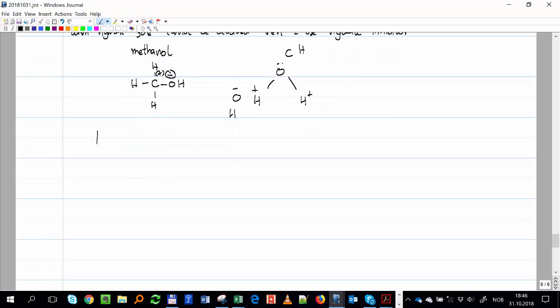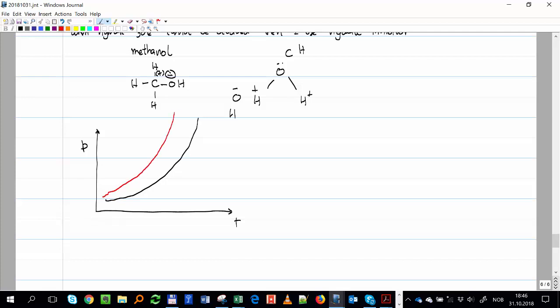And the way the line is changing is you inject some inhibitor, okay, P and T. The original line might be like that, and then when you add the inhibitor, okay, you just move to the left. Okay, so that's without inhibitor, and this is with. Okay, and the amount of inhibitor that you're adding usually is in weight percent.